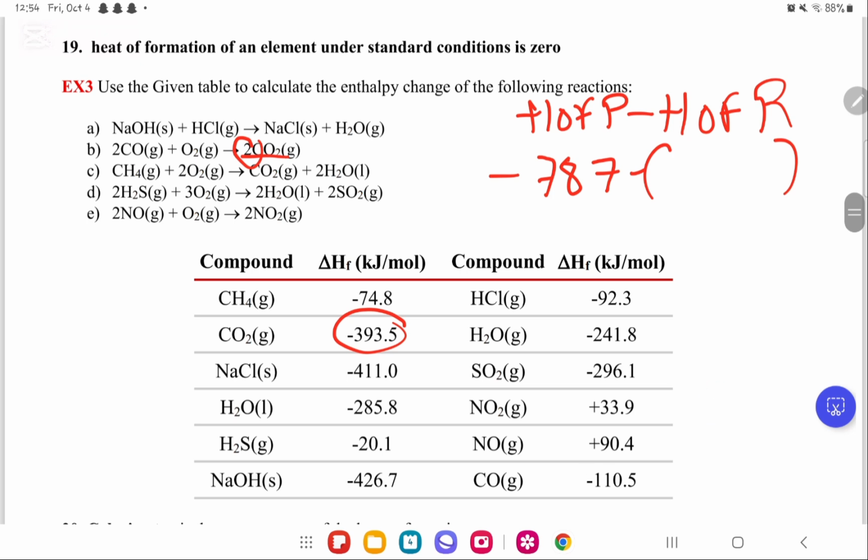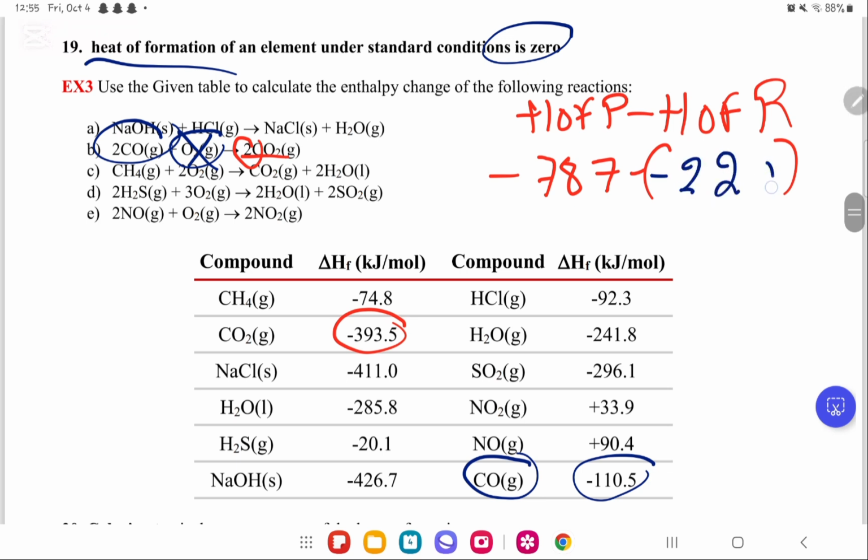To find the heat of reactants, we have O2 gas. We remember that if they ever give us an element, we do not consider it. We consider the heat of formation to be 0. Okay, and then we have 2CO gas. CO gas is negative 110.5. So 2CO gas would be 2 times negative 110.5, which is negative 221.